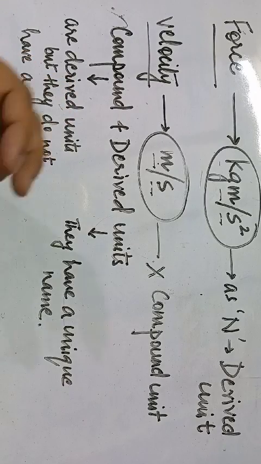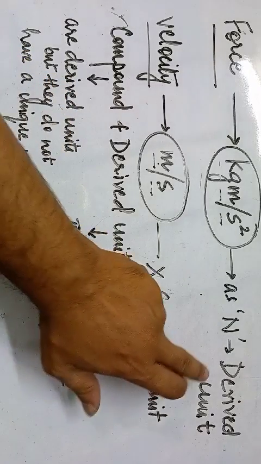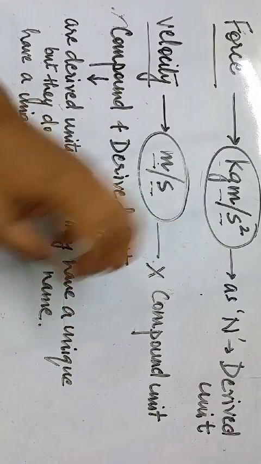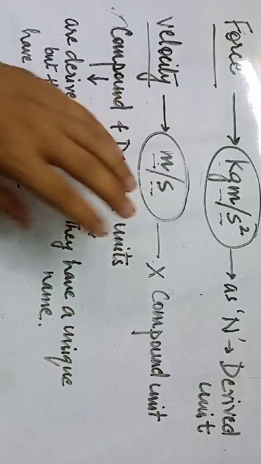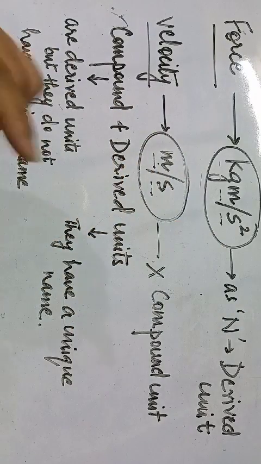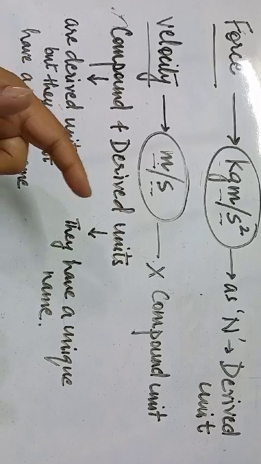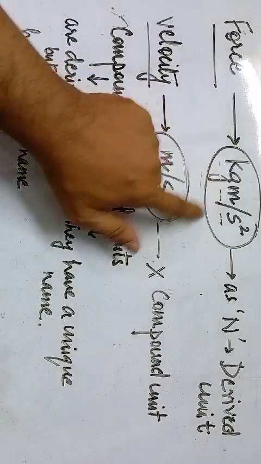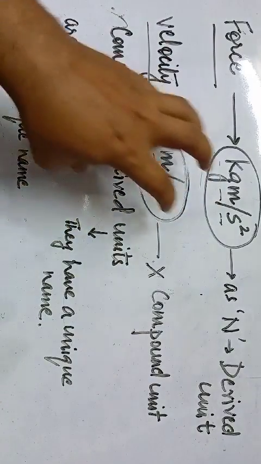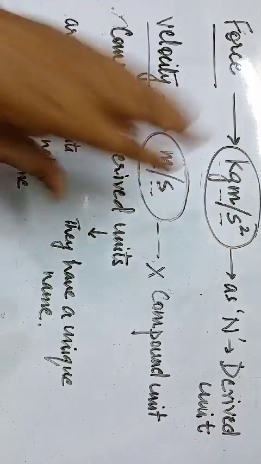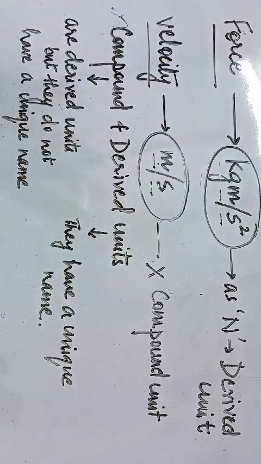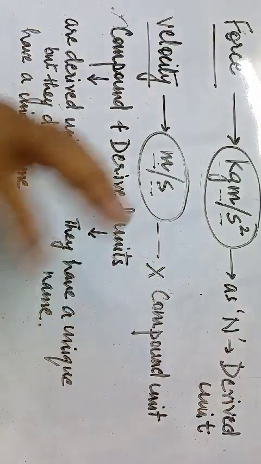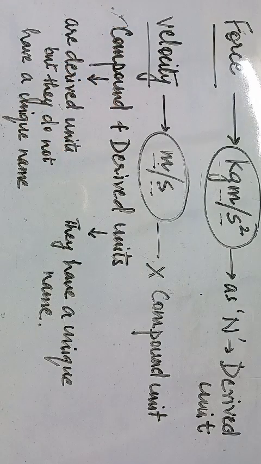Both compound units as well as derived units will be taken from a number of basic units and then they will be formed. So this is the similarity. Whenever you look at a number of different basic units put together to form another unit, they can be compound units, they can be derived units, because both derived and compound units have been taken from basic units only.